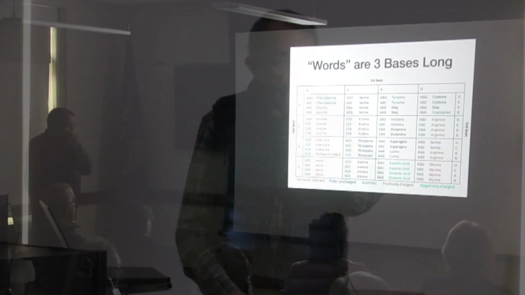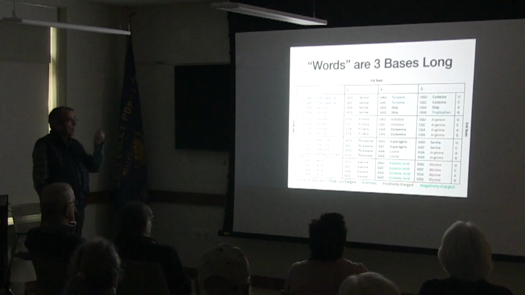The language, that four-letter ACGT language, has to be translated into a 20-letter alphabet of amino acids to make protein. And this is the dictionary that I've showed you first, or right at the end, I think.